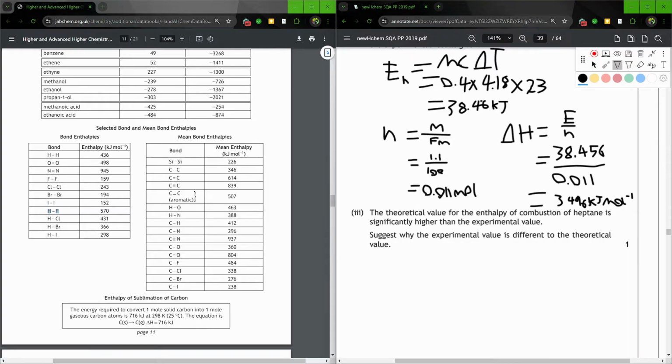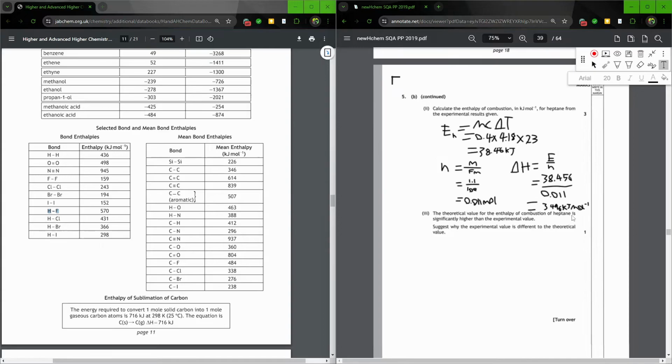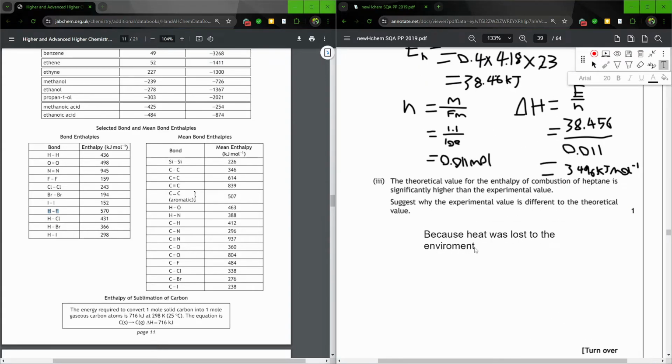You can just use a standard answer here, because heat was lost to the environment. When you calculate the theoretical enthalpy, you wouldn't consider stuff like heat getting lost to the environment. You would just pretend that didn't exist in a perfect, beautiful world, that we all love to live in.